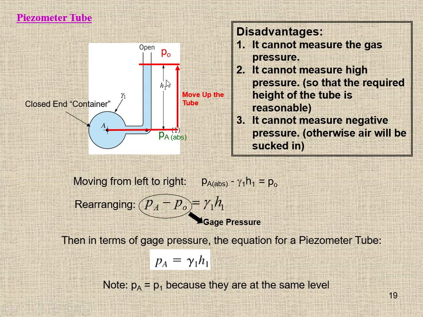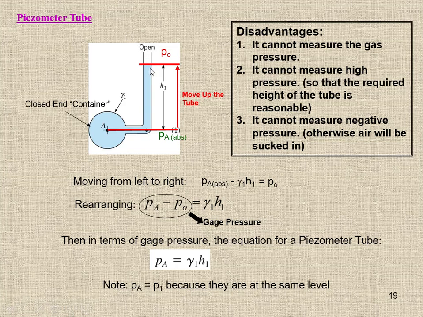Here there are some disadvantages and advantages of this piezometer. What are the disadvantages? It cannot measure gas pressure. Definitely not, because if this container is filled with gas and the piezometer is open at one end, the gas will come out and go to the atmosphere.